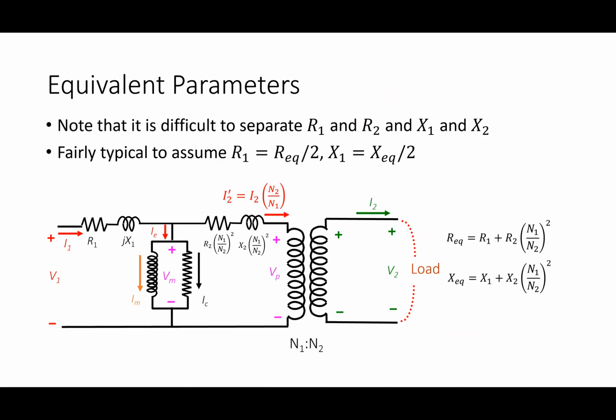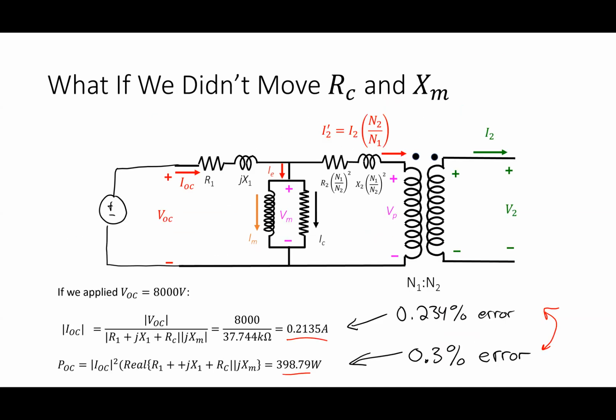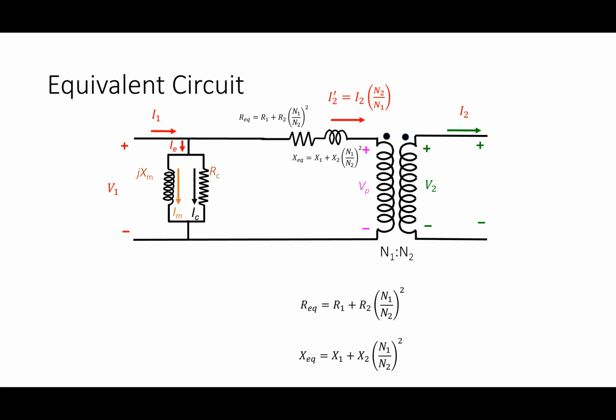Bottom line is, once I really get into dealing with a power system, this is what I end up using with the equivalent circuit. You'll see some different things in different textbooks, which gets confusing.